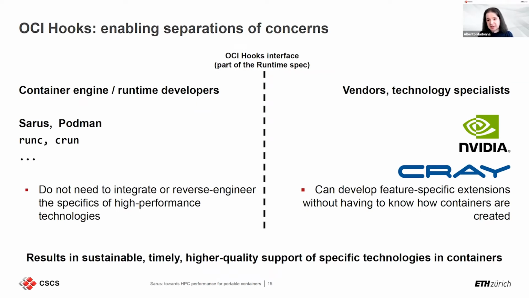The point of contact between these two groups is the OCI interface, a common ground which is broadly adopted throughout many realms of computing. The end result is that HPC technologies can be made available sooner with a lower development effort and followed by the respective experts.